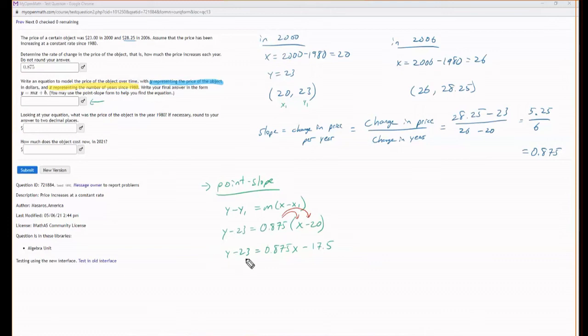Okay. And then to get y by itself, we add 23. So we're going to get a positive 5.5. And that's our equation.